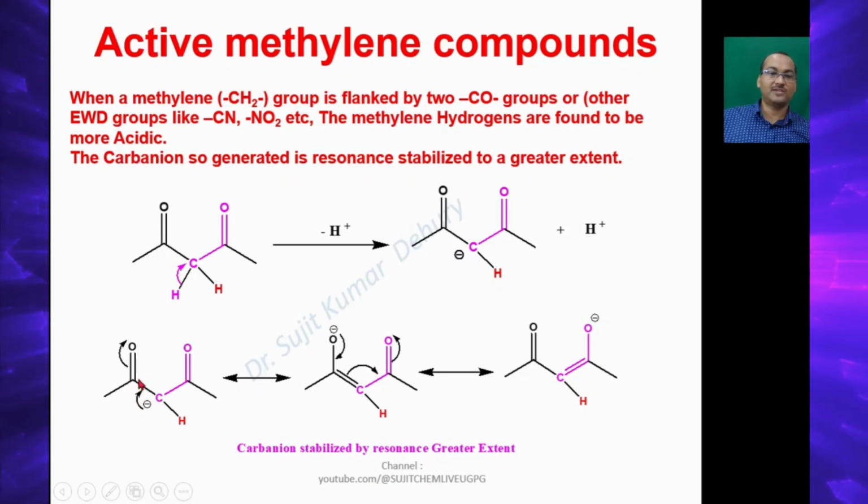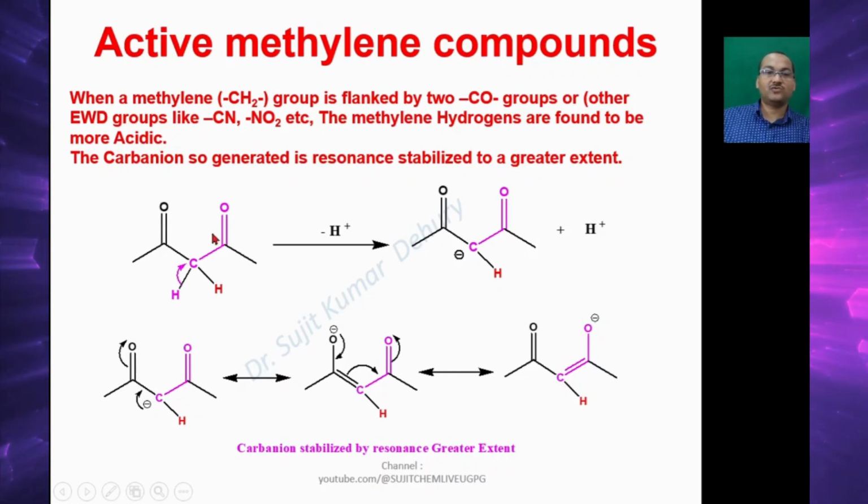So C minus comes here and C double bond O will break on oxygen. When this O minus comes back, this double bond will migrate here and C double bond O will break on oxygen. As a result, you end up with three resonance stabilized structures. Carbanions are stabilized by resonance to a greater extent.